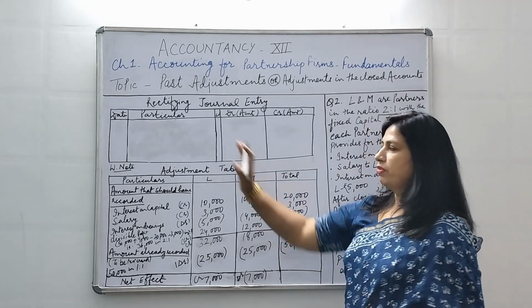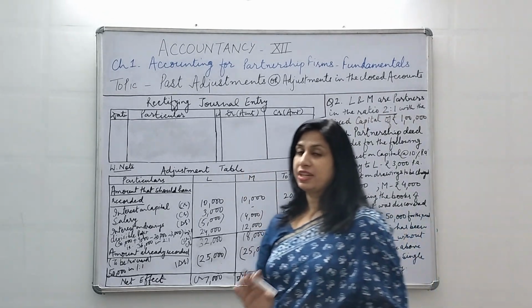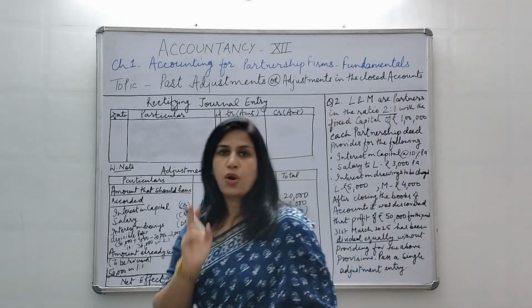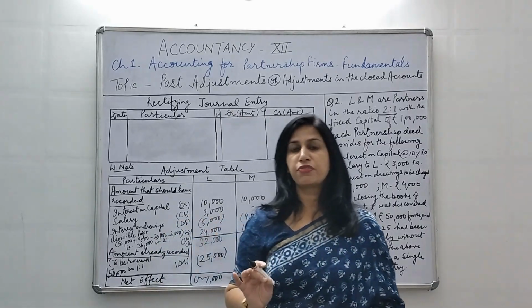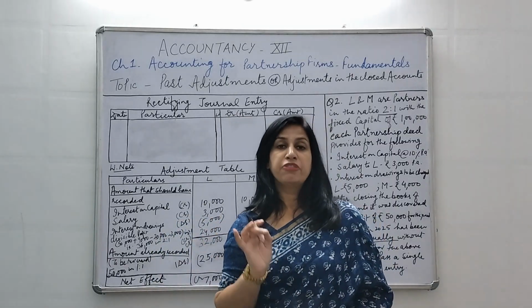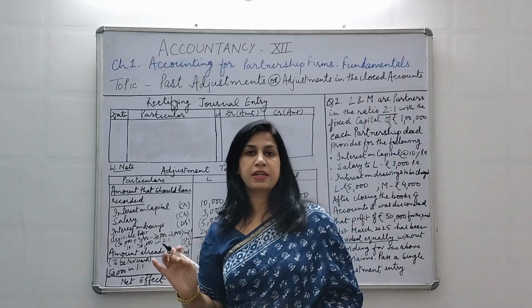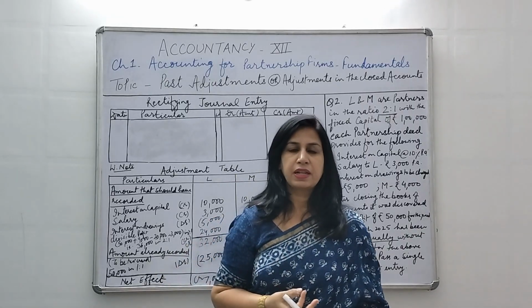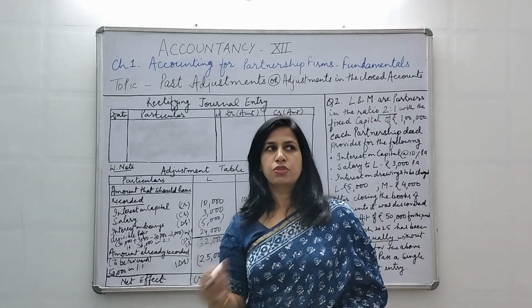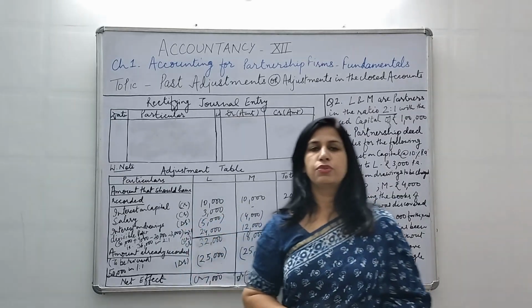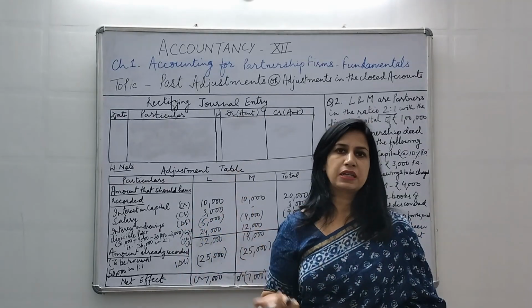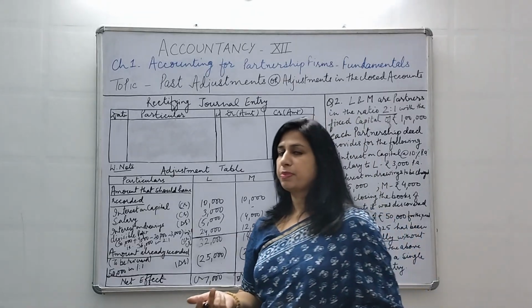Fine. Now we will proceed for the entry, journal entry. But children, always and always in the question of past adjustment, be very careful about the capital. Which kind of capital has been provided in the question? Is it fixed capital or fluctuating capital? So in this question, children, they have given the fixed capital. So we can do any adjustment through current account only. So most of the time what happens?